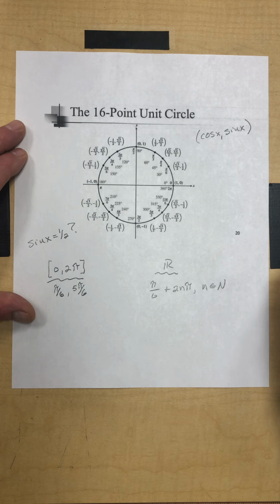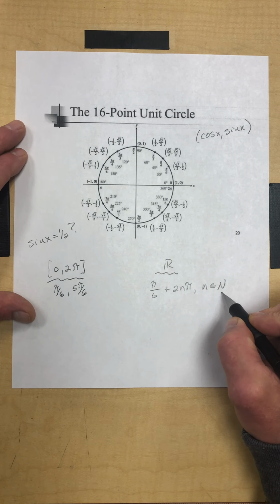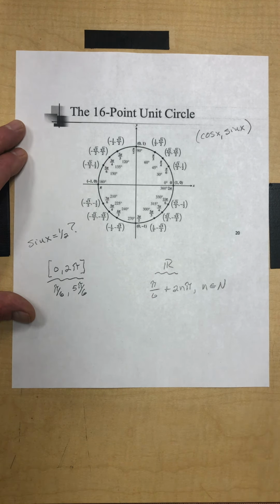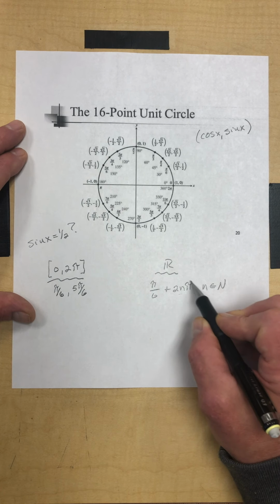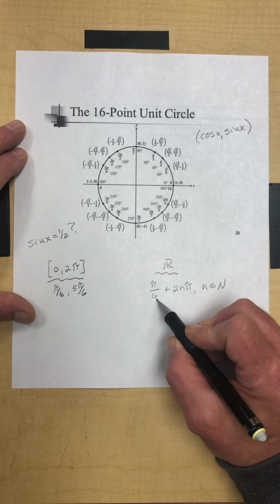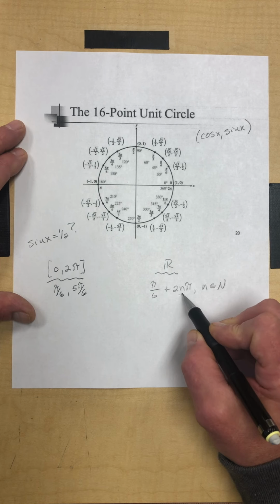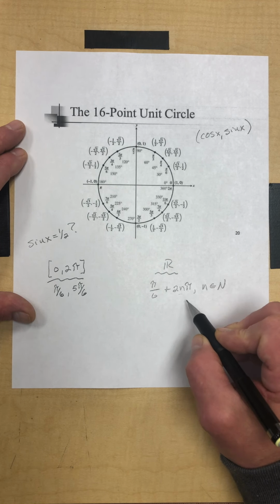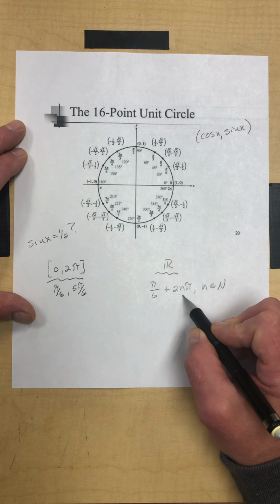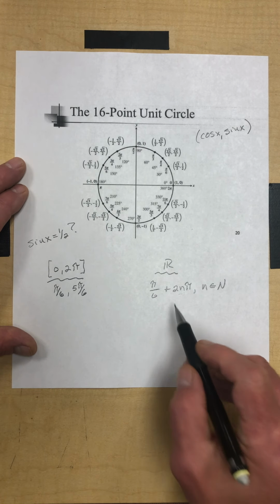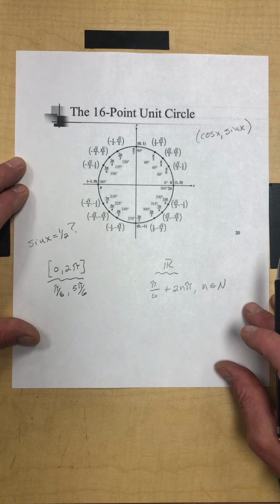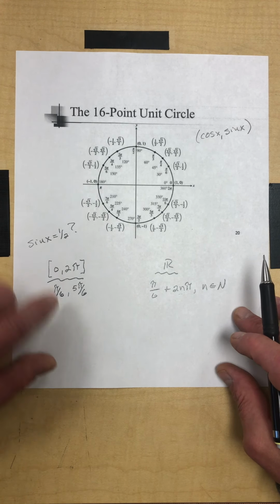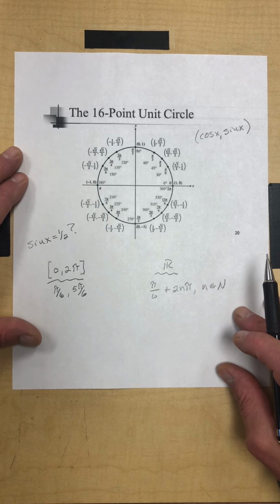If n is any natural number, 1, 2, 3, 4, 5, 6, and so on, then 2n is an even multiple, and so I get even multiples of pi. That would be pi over 6 plus 2 pi, plus 4 pi, plus 6 pi, plus 8 pi, plus 10 pi, and so on. So that would represent all of our solutions generated by pi over 6.